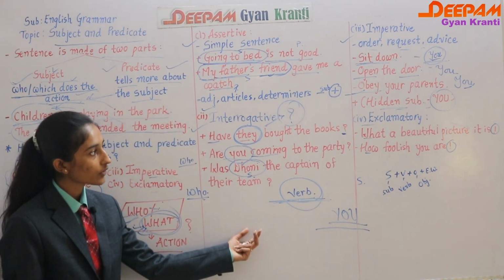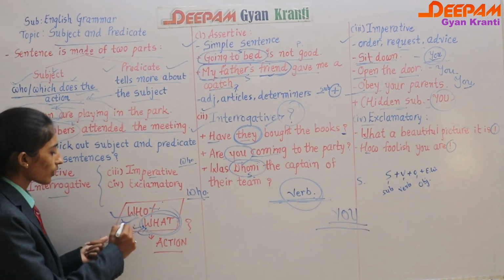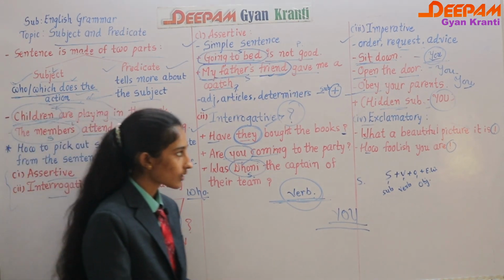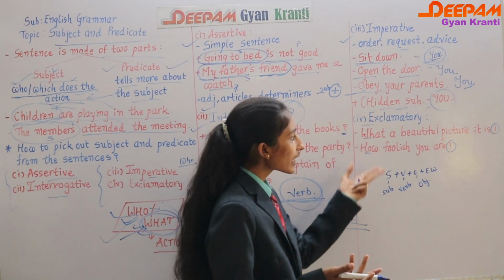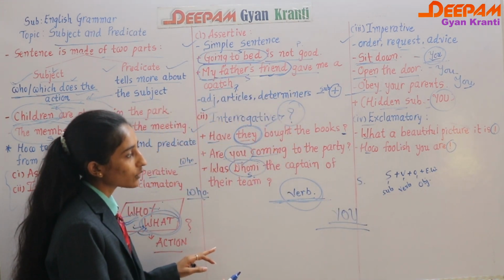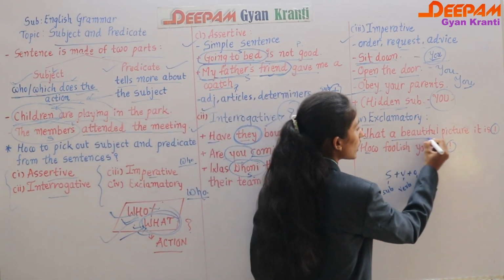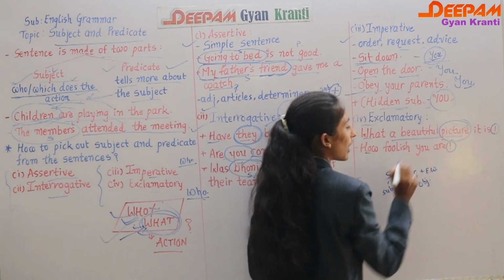So definitely I want to find the subject. I told you that you have to ask a question from who to what. So say here, who is a beautiful picture? No. So we have to write what. I am talking about what? A beautiful picture means I am talking about the picture.